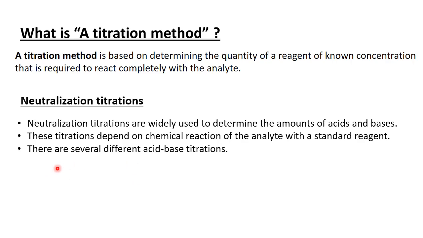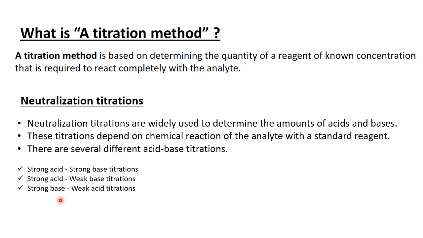So we have four main acid-base titrations: strong acid, strong base titrations; strong acid, weak base titrations; strong base, weak acid titrations; and at last, weak acid, weak base titrations. So today we are going to consider strong acid and strong base titrations.